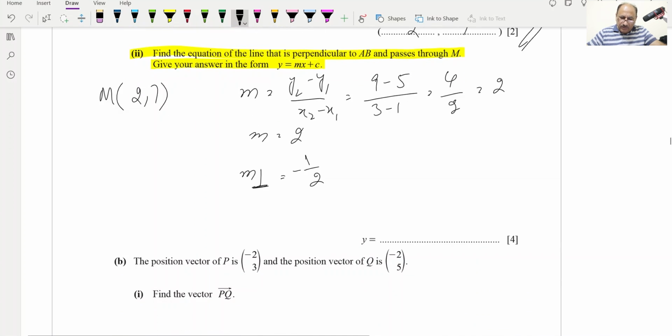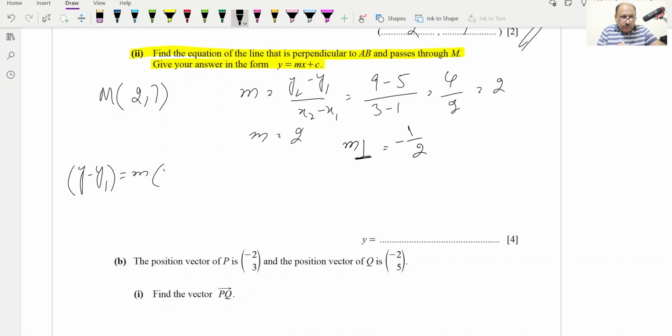Now we have to write the equation of the line with this perpendicular gradient, and we can write here y minus y1, the equation of a line in point slope format. This is m into x minus x1. So the point is this one, and the gradient we will be using is minus 1 by 2. So y minus y1, which is 7, is equal to minus 1 by 2 into x minus x1, which is 2.